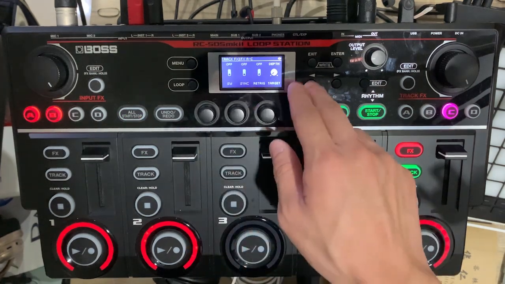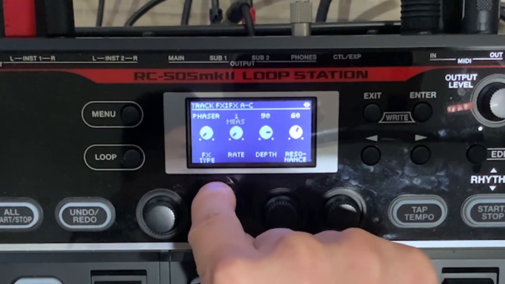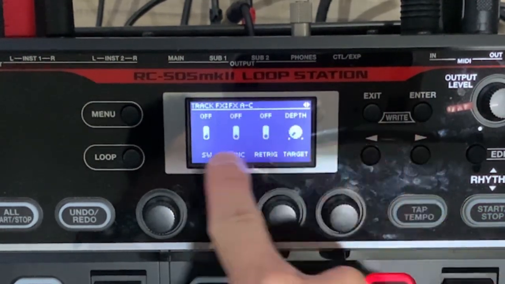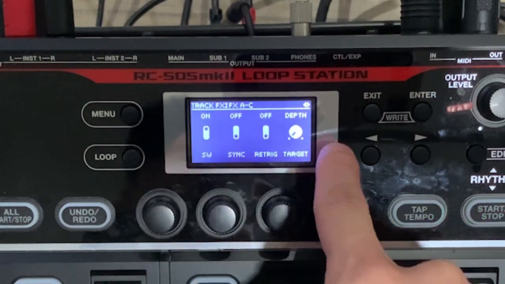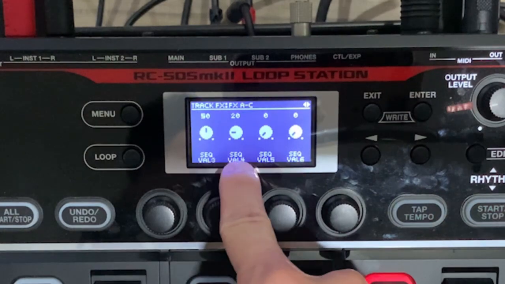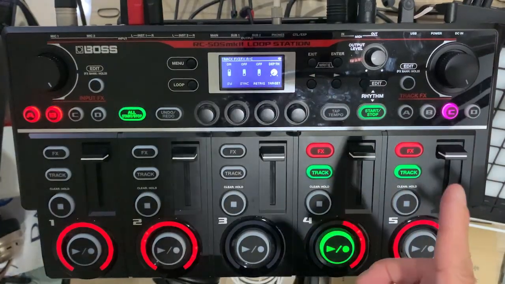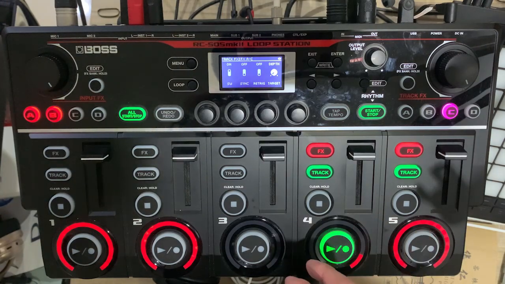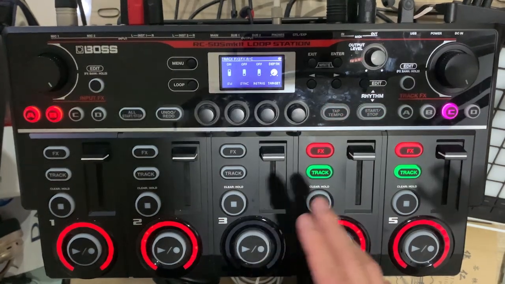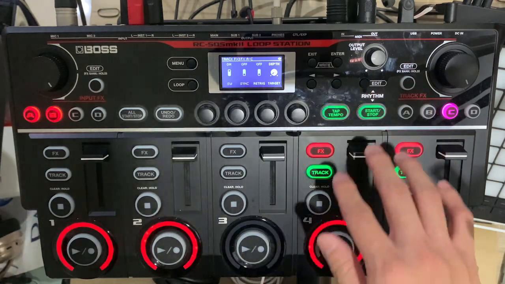Let me put the rate a bit faster. And with the sequencer on, by the way, this is my sequencer value, just some random values. As you can hear, it manipulates the depth.